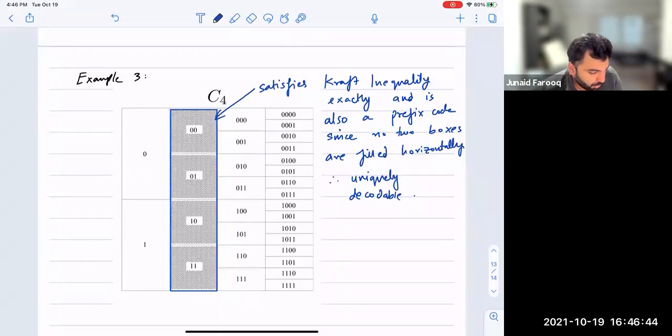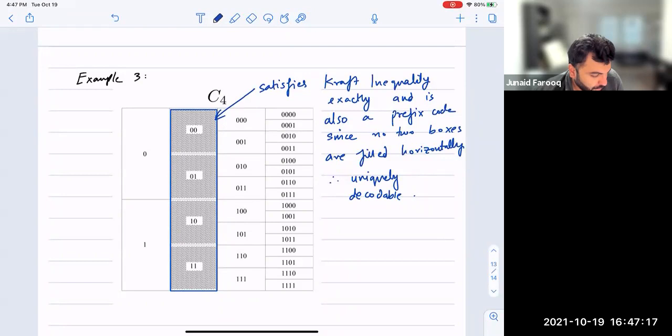So you see, the whole point is we have many options to pick from when it comes to codes, and they have different properties like unique decodability. They have properties like being a prefix code, right? And also easy to decode or instantaneous decodability. So this chart helps us to see whether you satisfy the Kraft inequality or not, which is a necessary condition to be uniquely decodable.